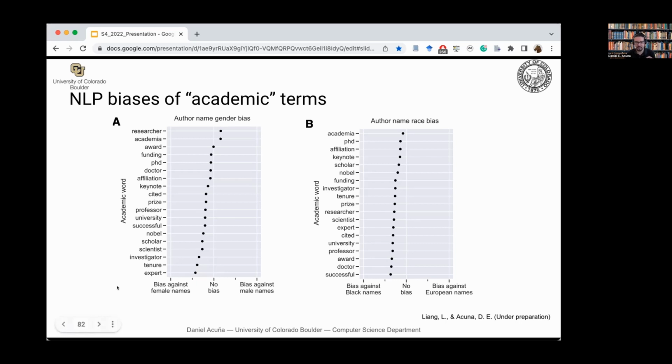So if we are discussing Nobel Prizes, scientists, investigators, tenure experts, they're usually more related to male concepts than female concepts. The same thing happened with race. So it's even more biased. Most of the concepts that we analyze that are academic are biased against Black names. That's not just African American names, but Black names in general, compared to European names.